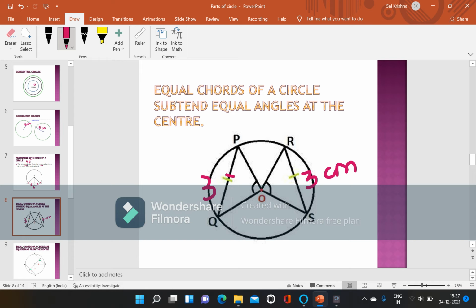These 2 triangles make the same angle. The angle formed here, let me call it A, this chord also makes angle A with the center. So equal chords of a circle make equal angles at the center. This is the second property.